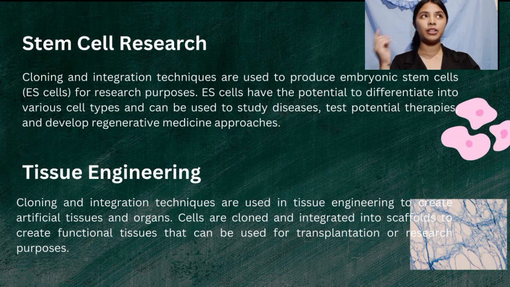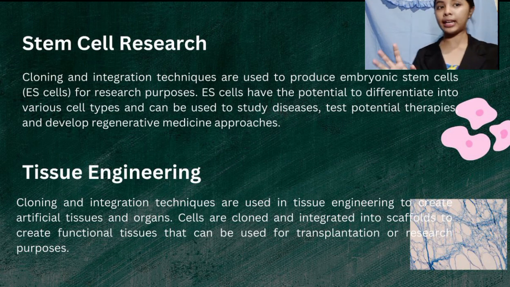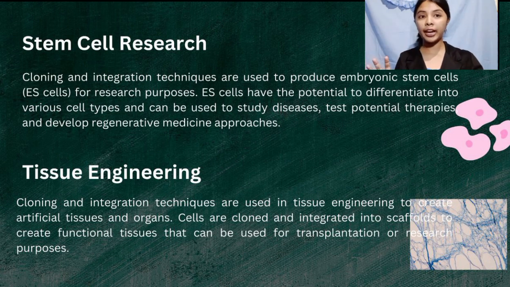A somatic cell has already been specialized or differentiated, so it already has its specific function and purpose. In this process, the induced pluripotent stem cell, the somatic cell will be reversed back to a stem cell.